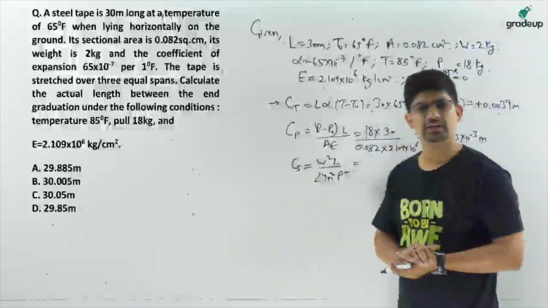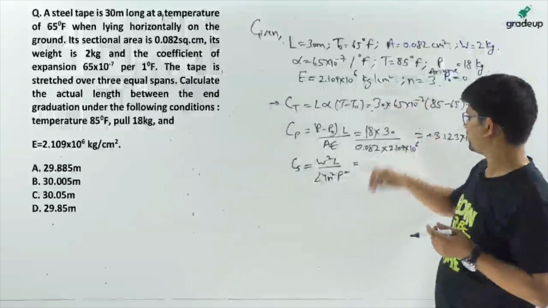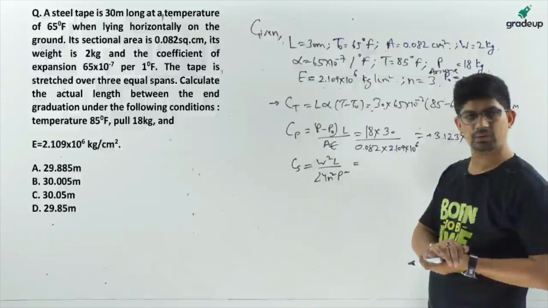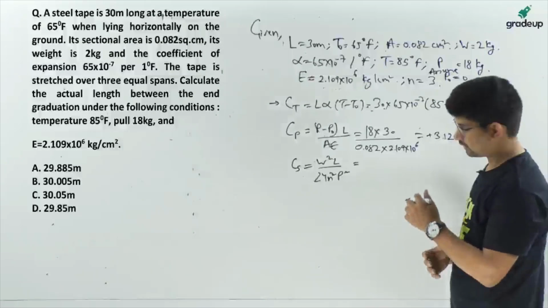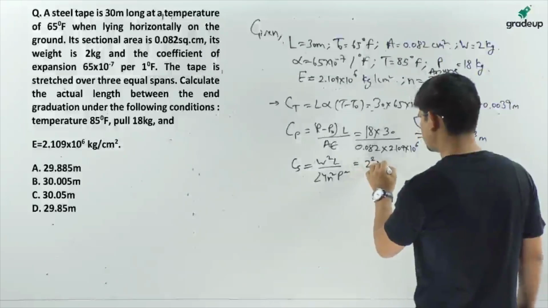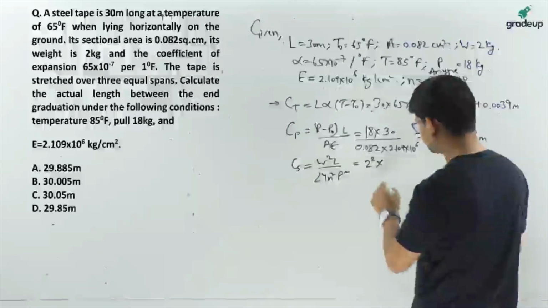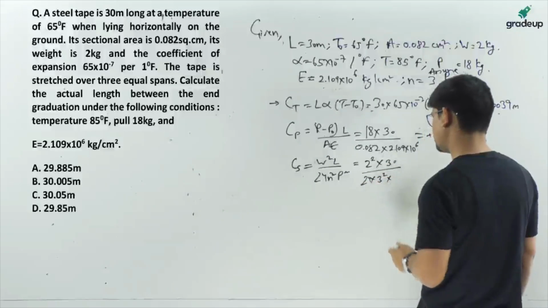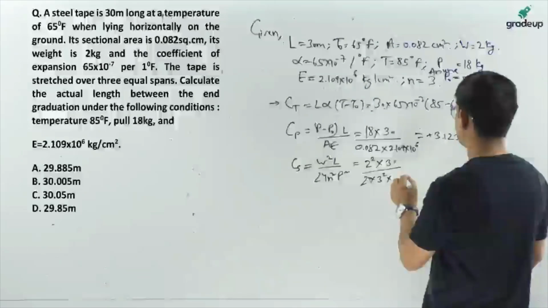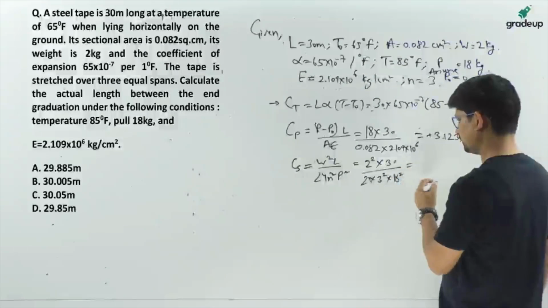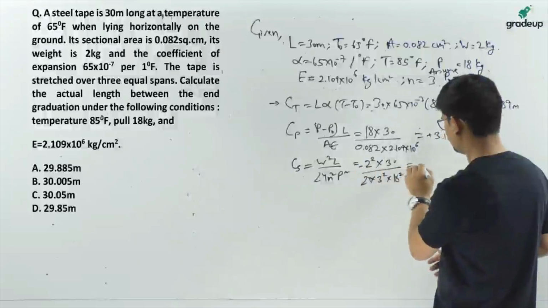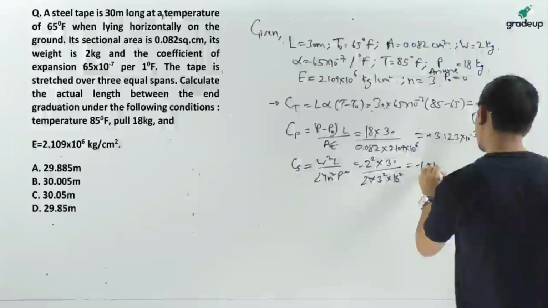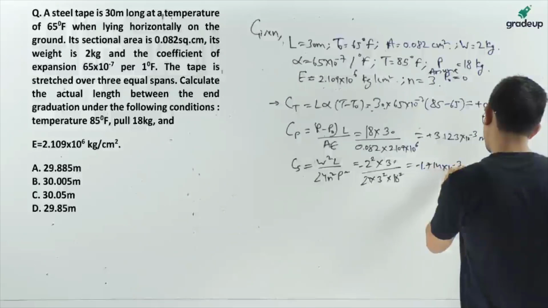The formula which I earlier gave was for only one span. So here 3 spans are there, so 3 values of the sag, and n divided by n square will also be here. If you put in the values, W square is 2 square into L is 30, divided by 24 into n square is 3 square and p is 18 whole square, and this will be negative. So minus 1.714 into 10 raised to power minus 3 meters.